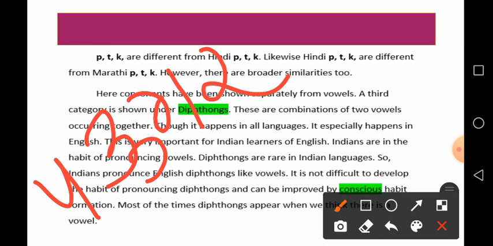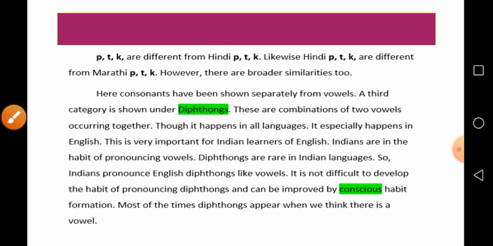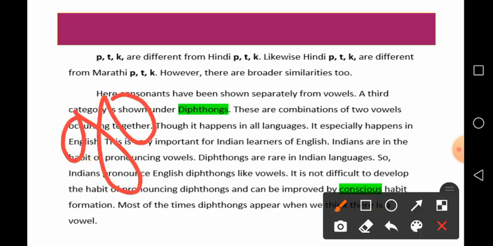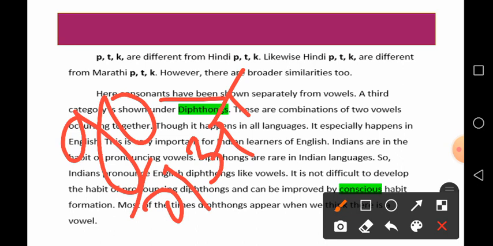Let me take one more example. Okay, go. Let us take one more example of go. See, Indian speakers pronounce this word with this g and this o. So the word is pronounced go.